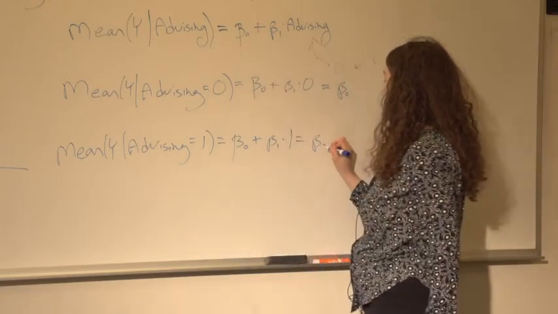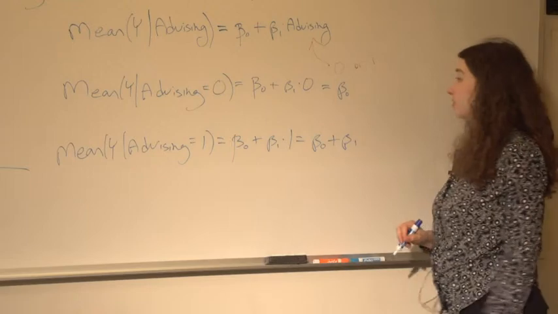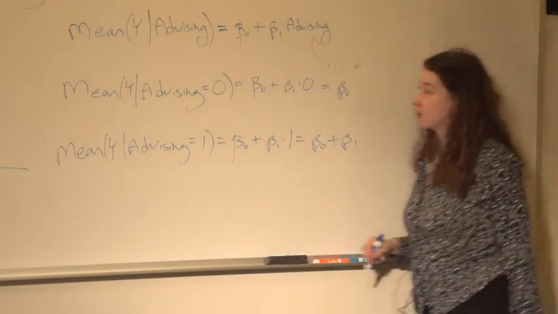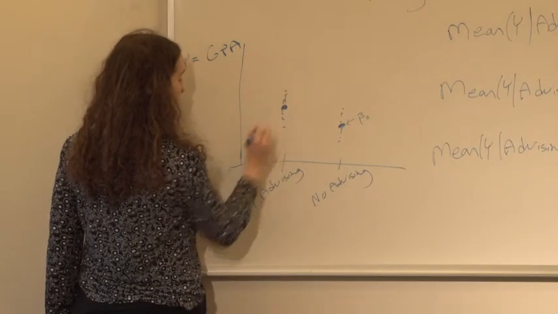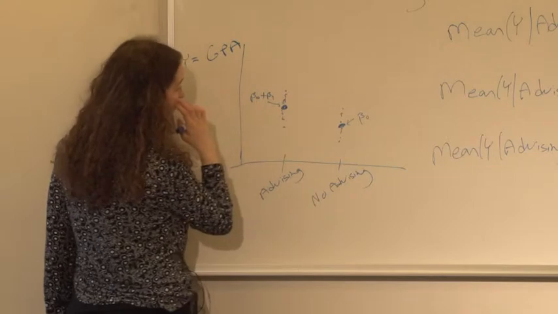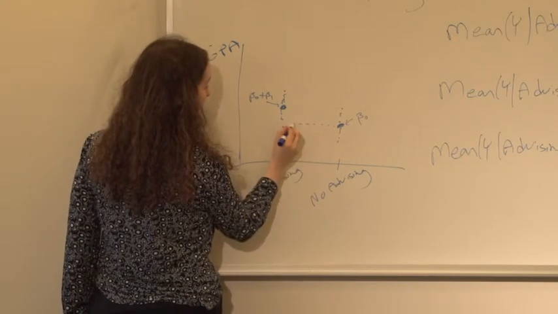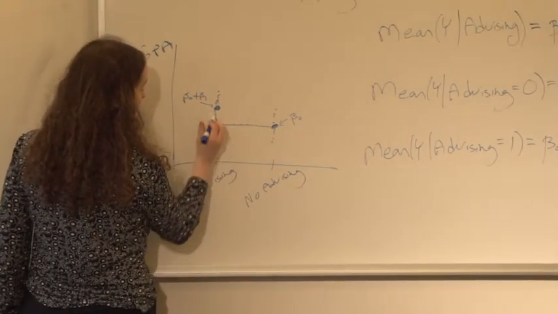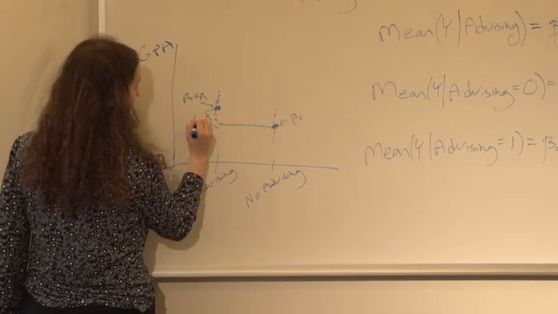In other words, I'll get beta 0 plus beta 1. In other words, the mean GPA among those who got advising is equal to beta 0 plus beta 1, which tells us that this vertical distance here is equal to beta 1.